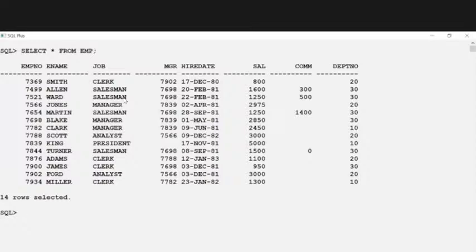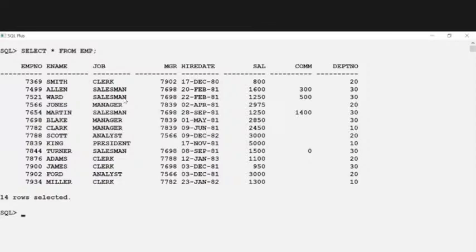Which employee is earning the first highest salary in my company? Those employee details I want to find out. Do you understand the question now? How to write the query?